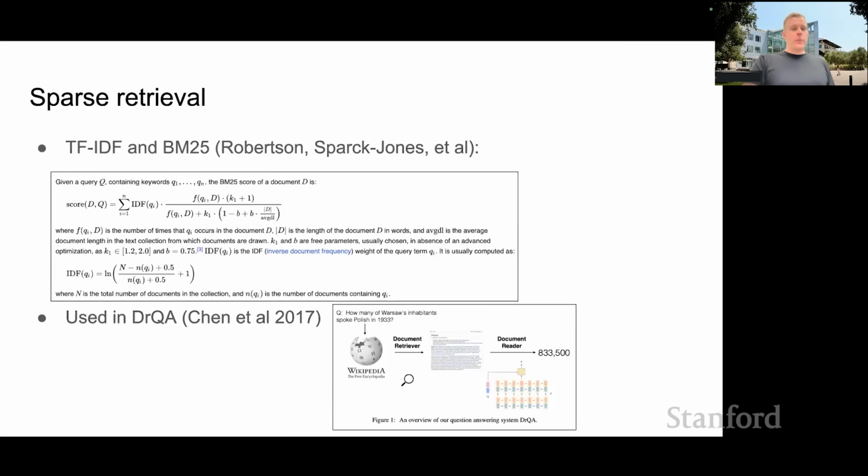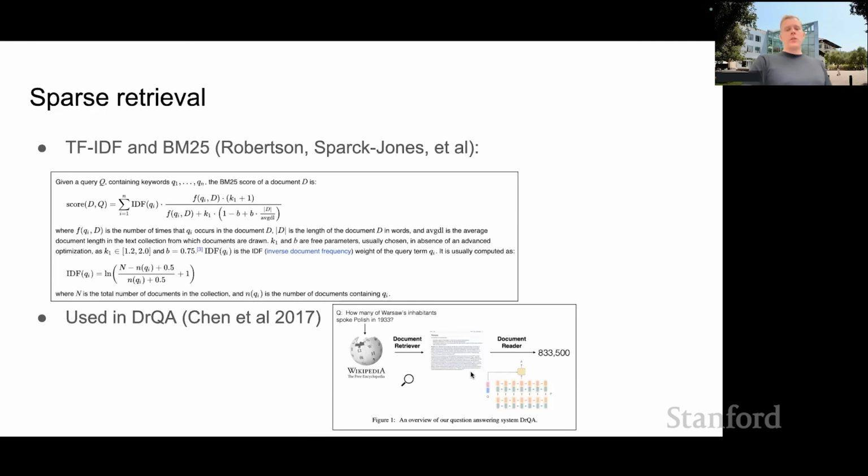This is used in the system called DrQA, which is really one of the first neural instances of this open-domain, open-book question answering paradigm. So you have a question like, how many of Warsaw's inhabitants, blah, blah. You want to ask Wikipedia what the answer is. Then you have this document retriever based on sparse retrieval methods, BM25 I think in this case.